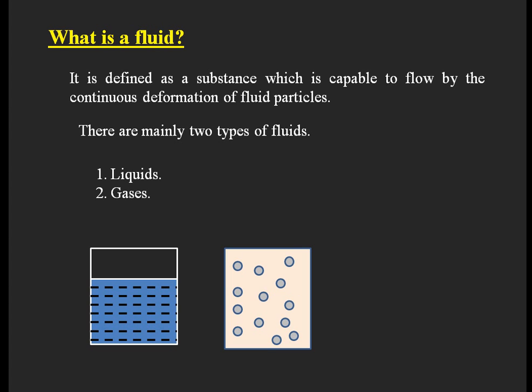Due to the free movement of molecules, the gas occupies the entire volume of the cylinder or container, even if the mass is less. So based upon molecular distance, we can differentiate liquids and gases.